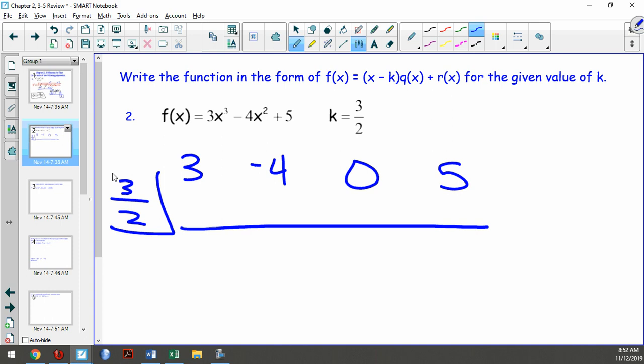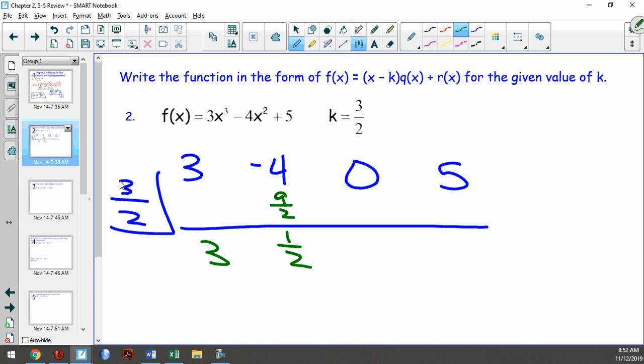You need to grab your calculator, and I want you to not mess this up because you're trying to do mental math. Okay? Grab the calculator and do the math. Drop down the 3. 3 times 3 divided by 2 is going to be 9 over 2. 9 divided by 2 minus 4 is going to give you 1/2.